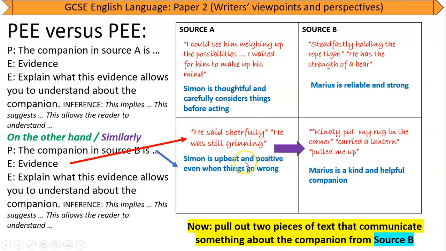You have a point, there they are in blue, evidence in red, and then you need to explain what does that evidence allow you to understand about Simon, allow you to understand about Marius. You should spend around 7 minutes, no more, compiling those paragraphs. And that will really help you prepare for these mock exams that are coming after the holidays.